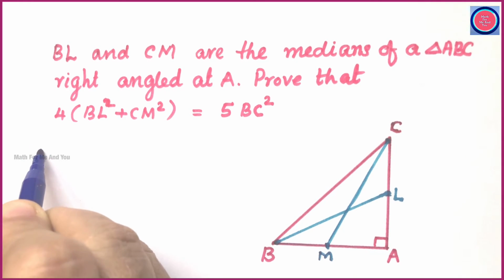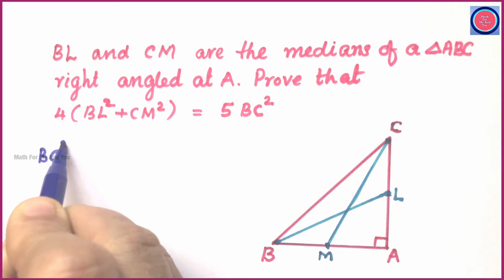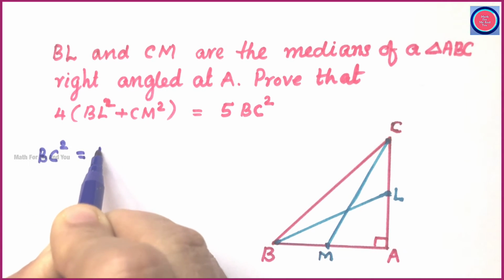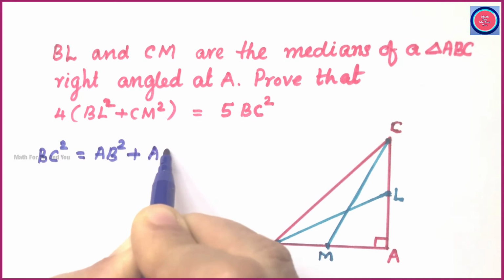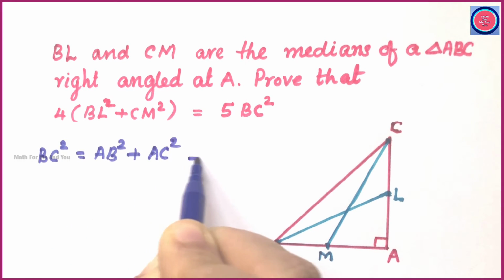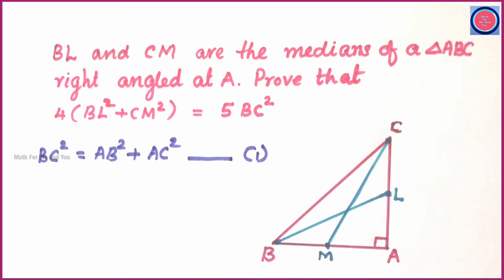We can start with the first right angle triangle ABC. Here BC is the hypotenuse. Use the Pythagoras theorem. Then we could write BC square is equal to AB square plus AC square. Let it be equation number 1. Now you can see two more right angle triangles. The first one is BAL where BL is the hypotenuse, and the next triangle is CAM where CM is its hypotenuse.